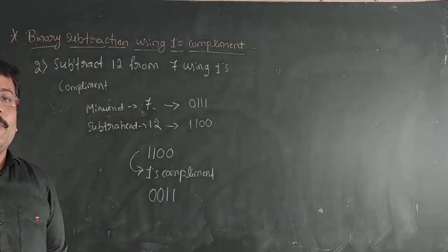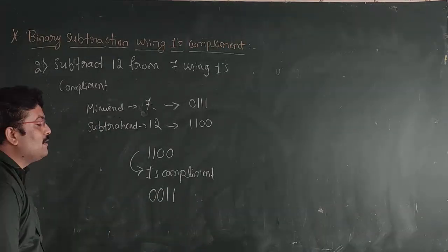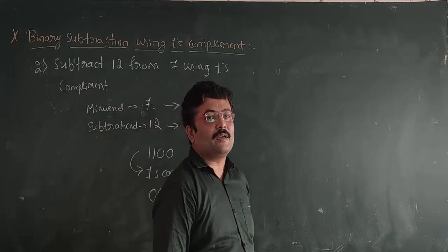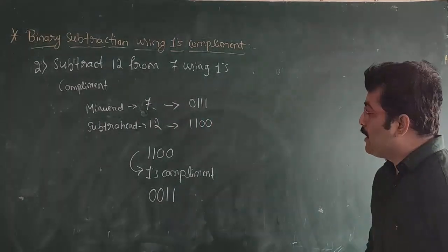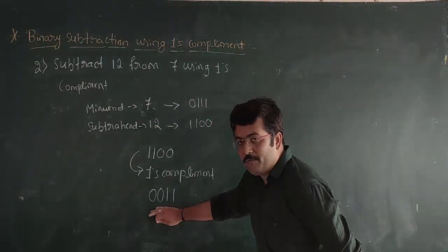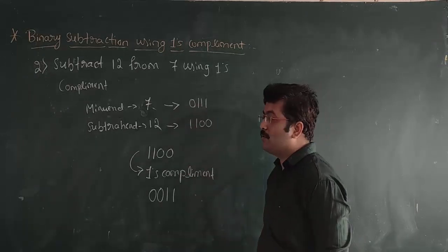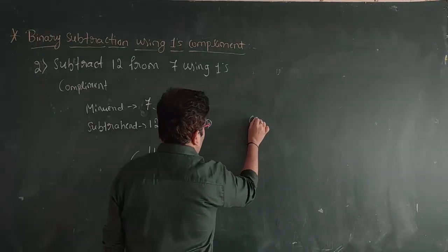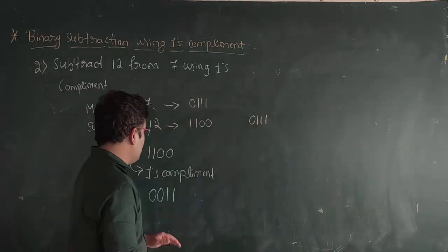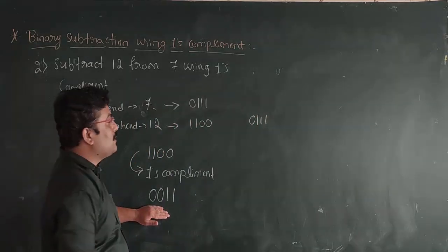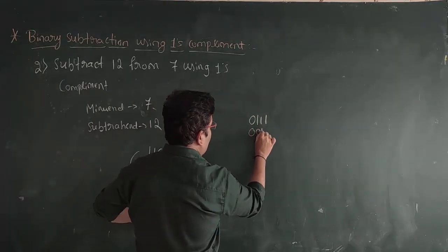So the ones complement of 1100 is 0011. And step 2 is to add this ones complement value to the minuend. So my minuend is 0111, and the ones complement answer is 0011.